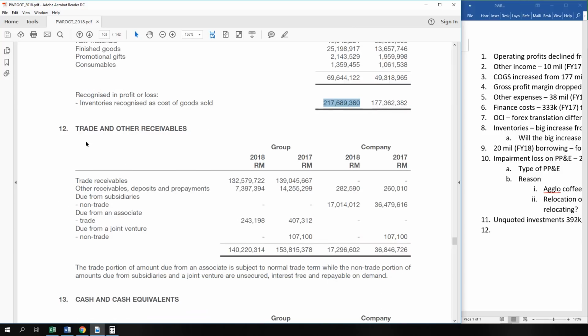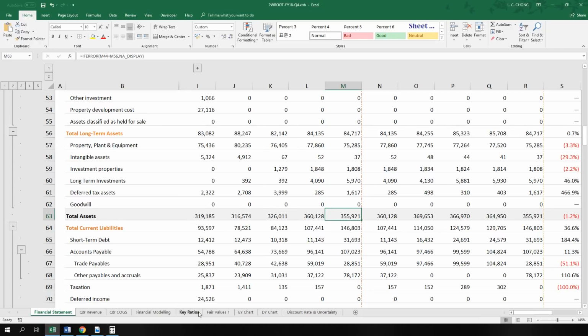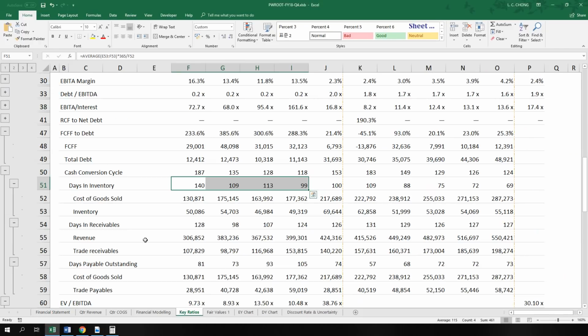The next section is trade and other receivables. As for trade receivables, let's have a look of the days in receivables. Basically, it's within the range, so nothing alarming here.